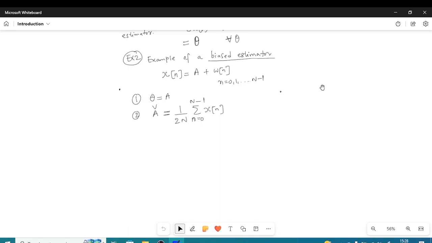Again we need to find out the average value of this estimator. Okay, so we repeat the above procedure again. We bring the expectation operator inside.